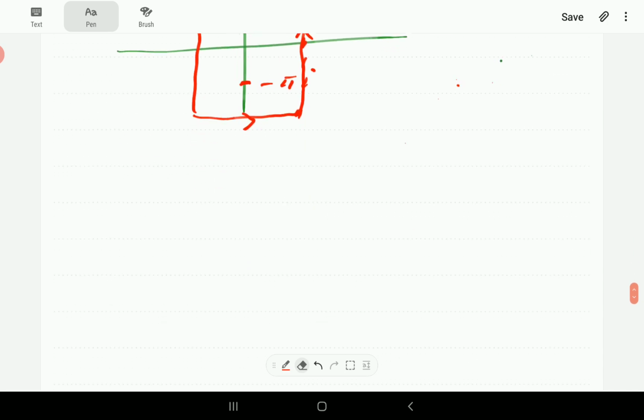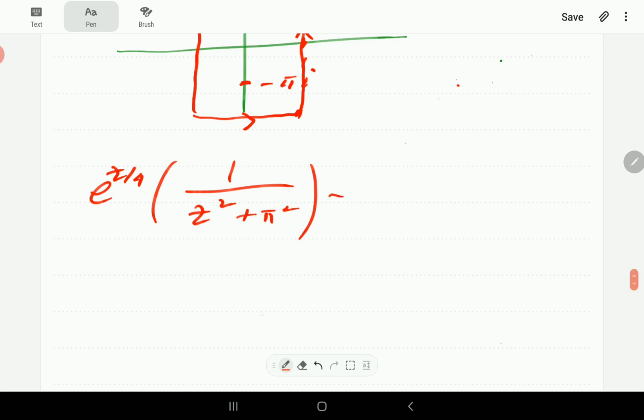What we're going to do is write this as e to the z over 4 times 1 over z squared plus pi squared. This we can write as e to the z over 4 times 1 over z plus pi I into z minus pi I.